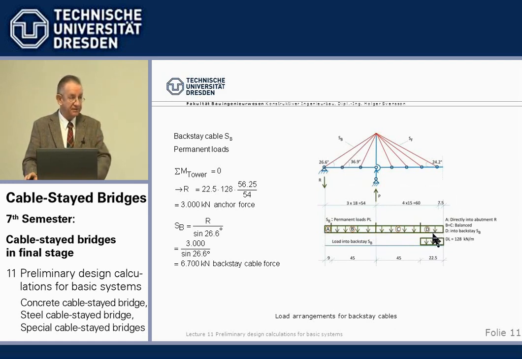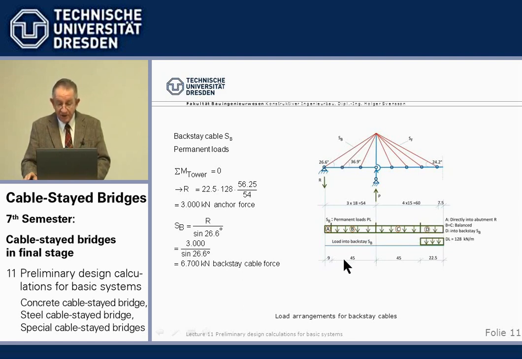First of all, about 1/2 of the distance between the backstay and the first cable goes directly as compression into the hold down, out of the system. Then this remaining part, from here to here, is balanced between these two, and does not go into the backstay cables. What remains for the backstay cables is the unbalanced part of the dead load here in the center.